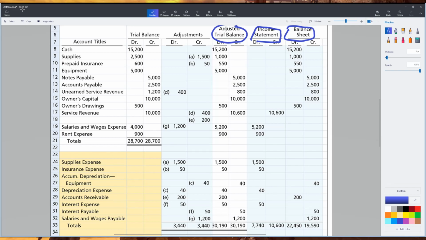The drawings here end up going into the statement of owner's capital. So what we're going to do next is, now that we've looked at this great big worksheet and all the numbers have been prepared for us, we're going to take these numbers and create the financial statements. So let's take a look at doing that.